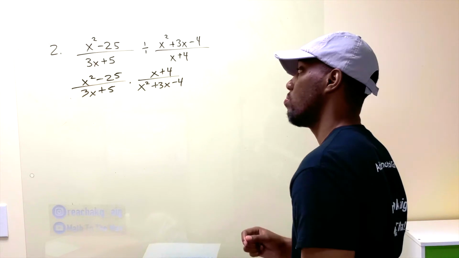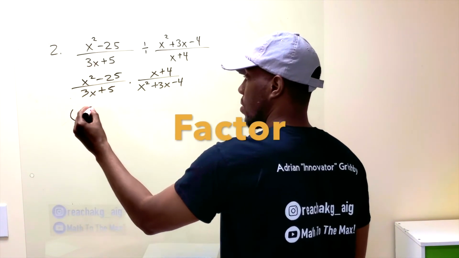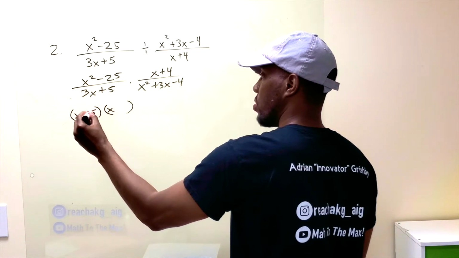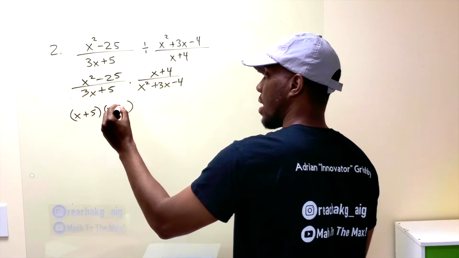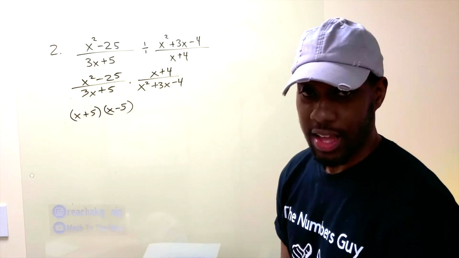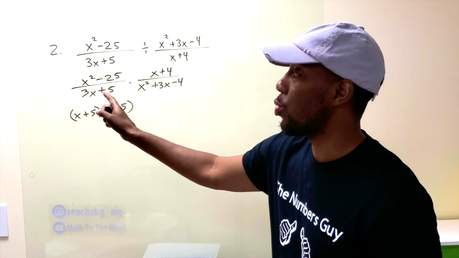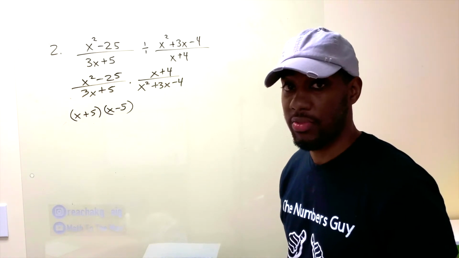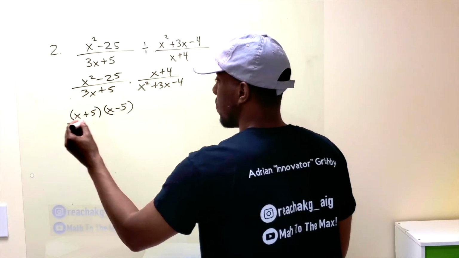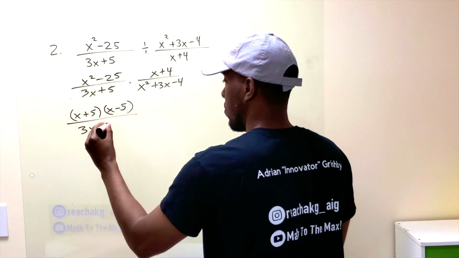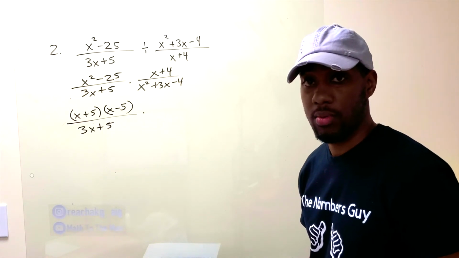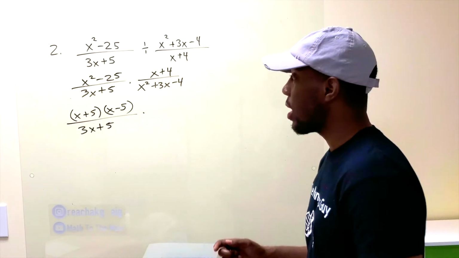So can this factor? Yes, there is a difference of squares. What are the two numbers they gave us? Negative 25 is 5 and negative 5. Do 3x plus 5 have anything in common? Is it factorable? No sir, no ma'am. X plus 4, is that factorable? No way, Jose.